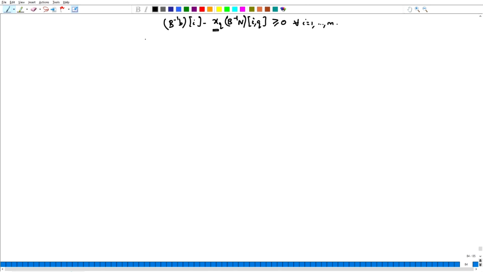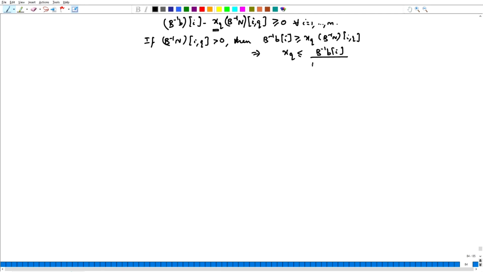So, if B inverse N of (i, q) is greater than 0, then when you rearrange this, you have B inverse b of i greater than or equal to x_q times B inverse N of (i, q), and this implies that x_q is less than or equal to B inverse b of i by B inverse N of (i, q).